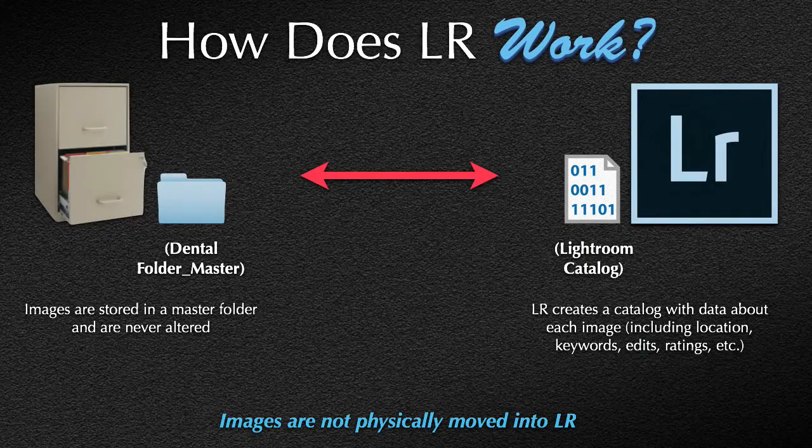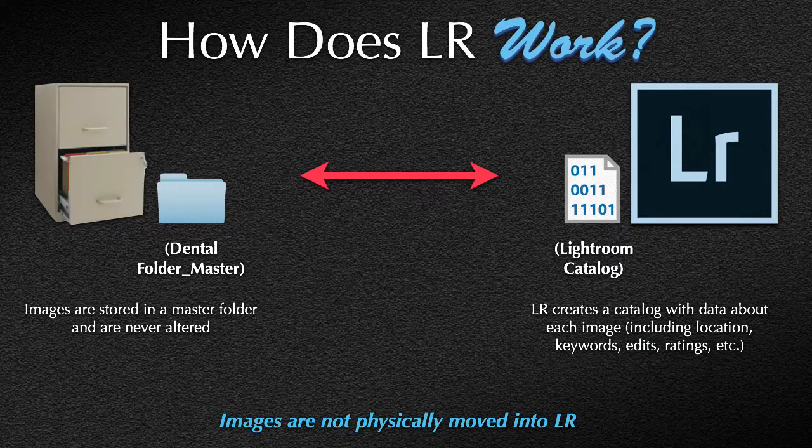Now let's review how Lightroom works. Lightroom is cataloging software that stores data for each of your images. And this data can include the location of the image, changes made to the image such as cropping, exposure modifications, etc. And it also contains metadata. Metadata is information about the image, and that could be keywords, star ratings, color ratings, etc. What I want you to get out of this is Lightroom never modifies the original image.